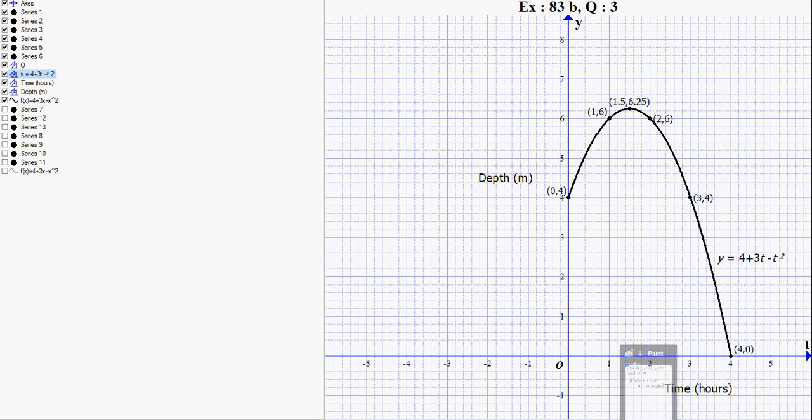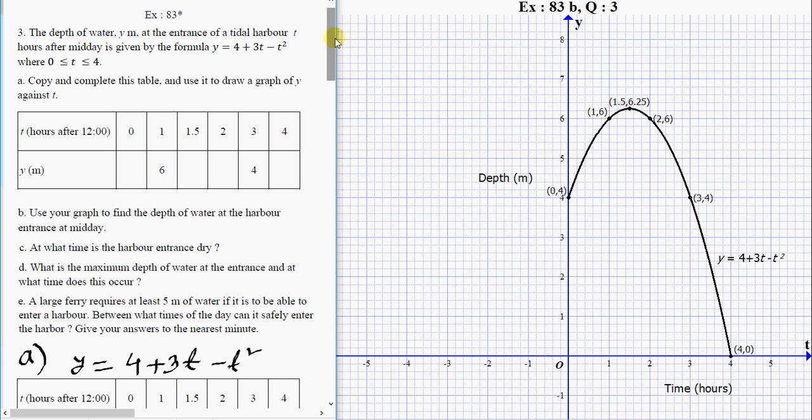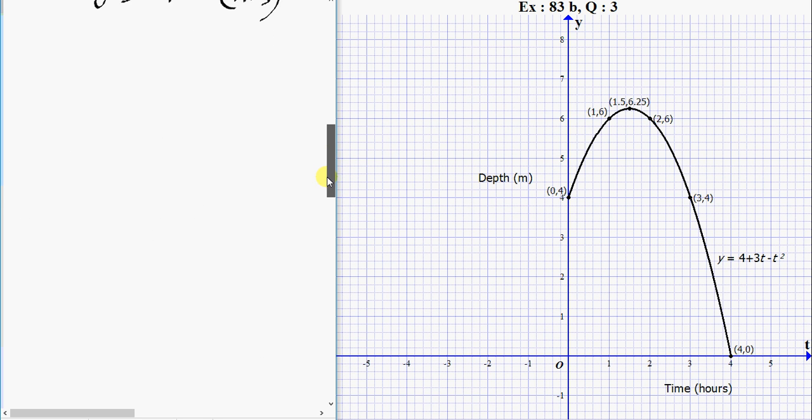Now question C. At what time is the harbor entrance dry? Harbor entrance dry means there the depth of water will be 0.